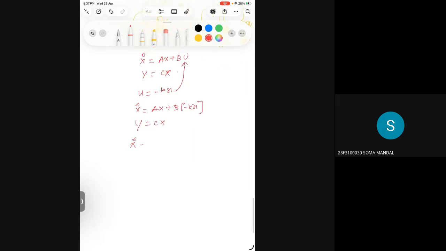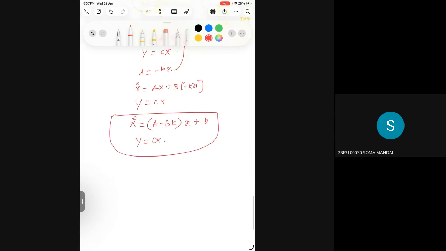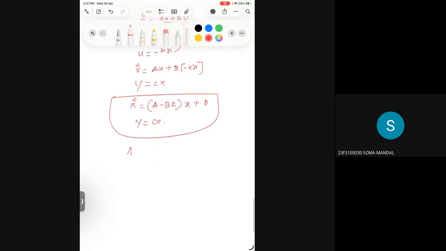Then the x dot equation becomes A minus BK into x. Only A minus BK, nothing else here. Y equal to Cx. So this is the overall state space model after introducing state feedback control. Your state transition matrix becomes A minus BK naturally.